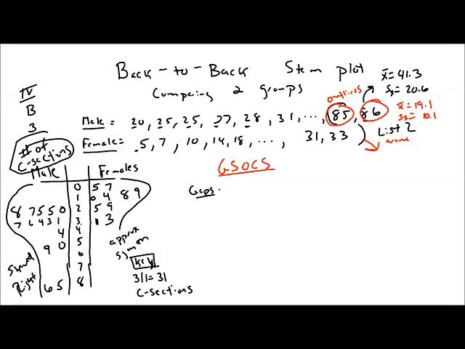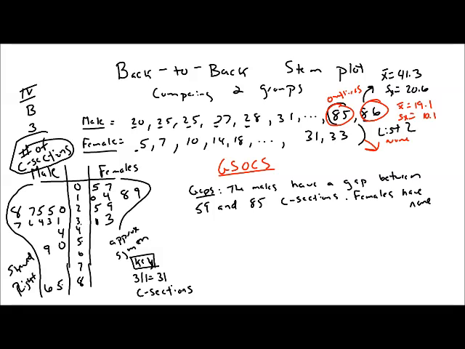Let's see, the males have a gap between 59 and 85 C-sections. Females have none. Okay, gaps, shape.